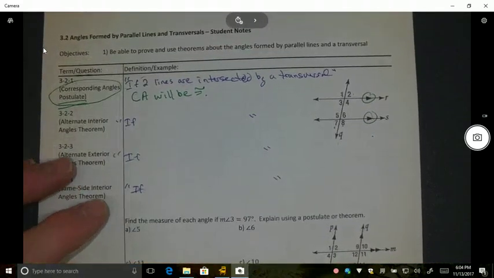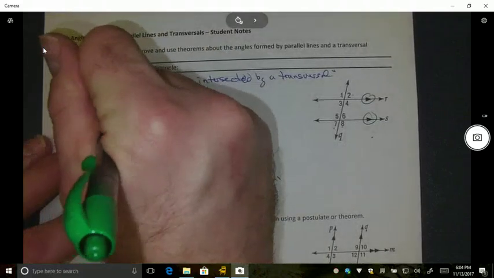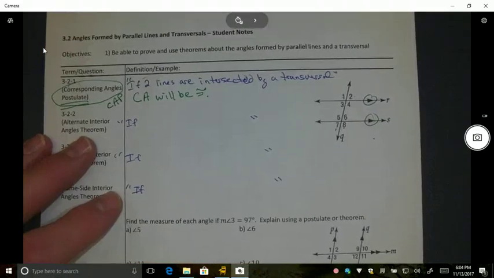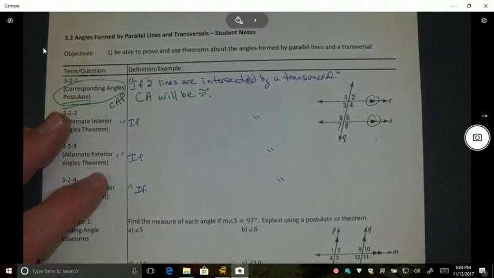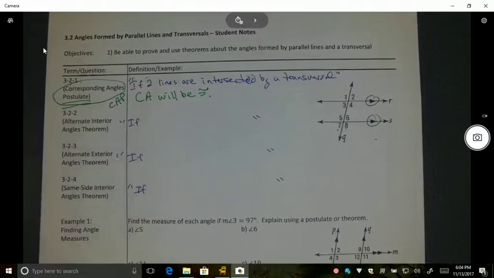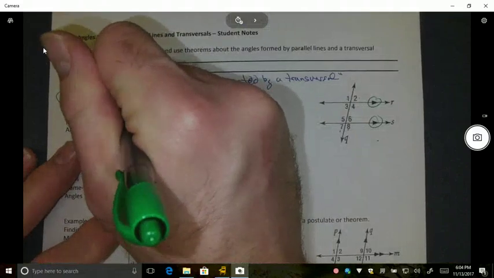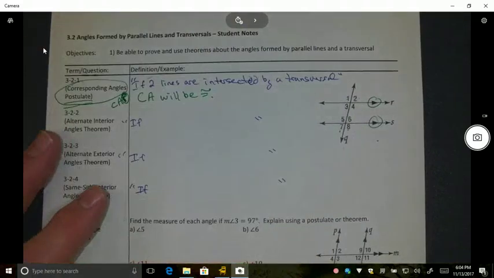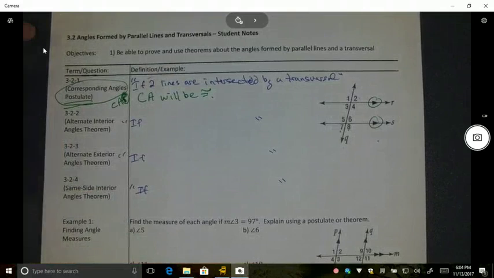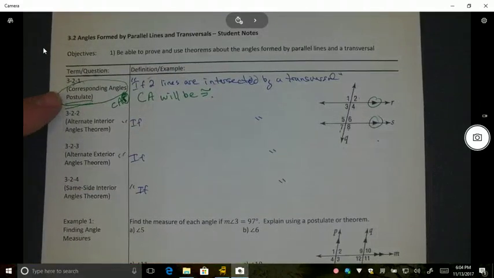And we don't have to prove it because it's a postulate. In proofs that I write, you will see the abbreviation CAP for corresponding angles postulate, much like vertical angles is VA and then theorem. The P stands for postulate. Sometimes people write CA post, so they don't forget that that is the one that is a postulate. We do not have to prove that one.